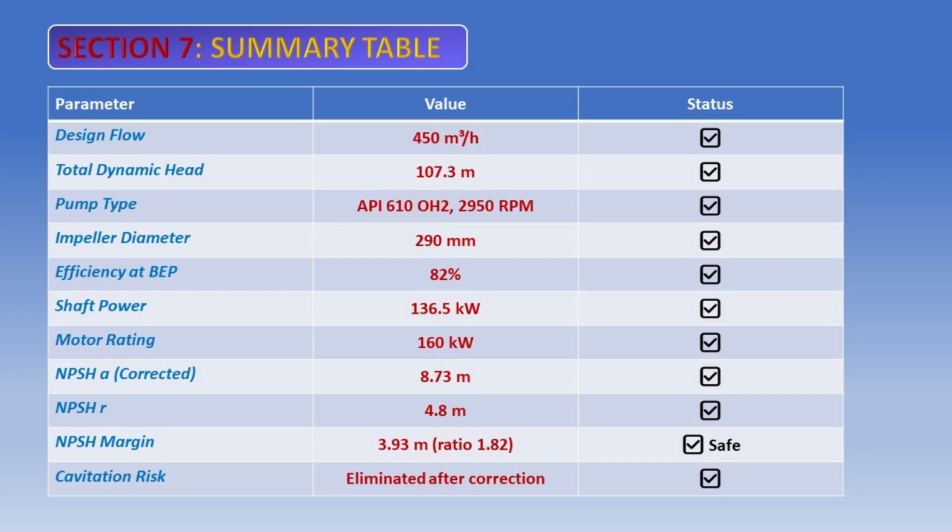Most importantly, our NPSH analysis identified a critical cavitation risk with the initial design. By implementing practical corrective actions, raising the tank level and upsizing the suction line, we increased the NPSHA, achieving a safe margin and a ratio well above industry standard. This diligent process is essential to ensure the reliability and longevity of this critical plant, safeguarding against costly downtime and ensuring the smooth operation of the refinery.